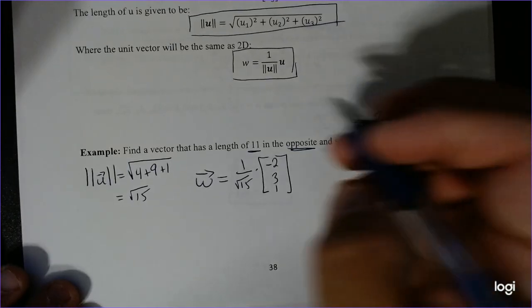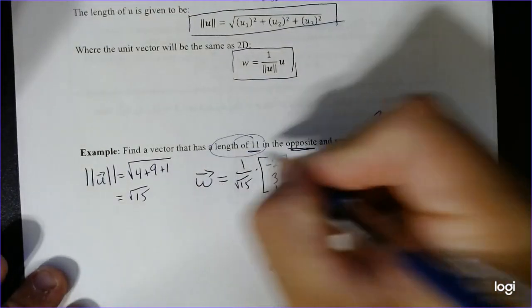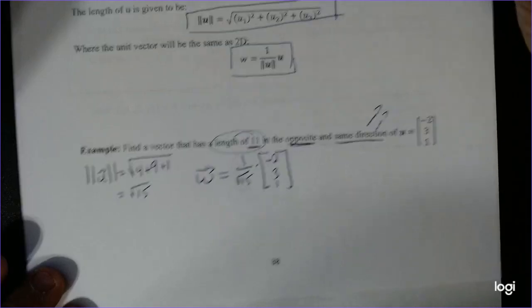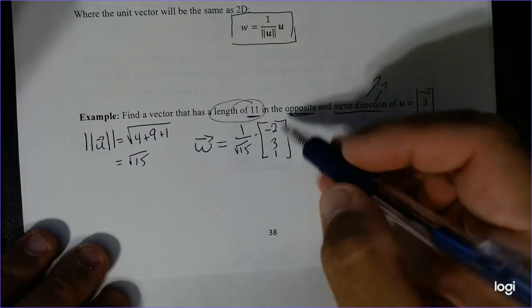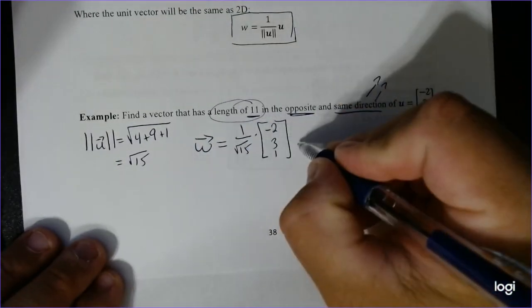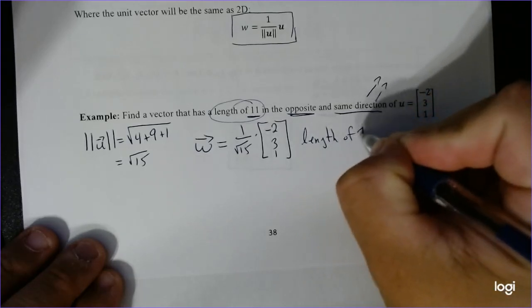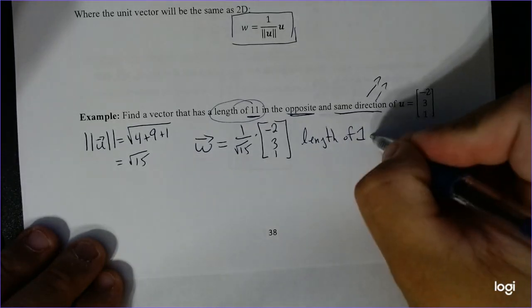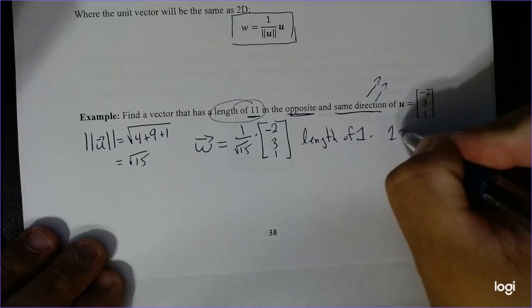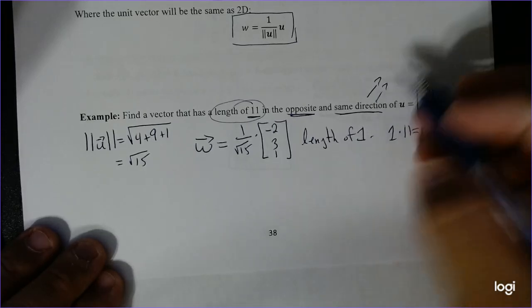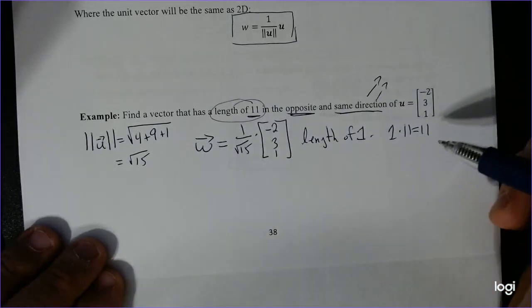We also wanted a length of 11. So all we're going to do, since remember this is a unit vector, so this has a length of 1. Well, how to get a length of 11? Well, we'll just do 1 times 11 gives you 11, which means this times 11.